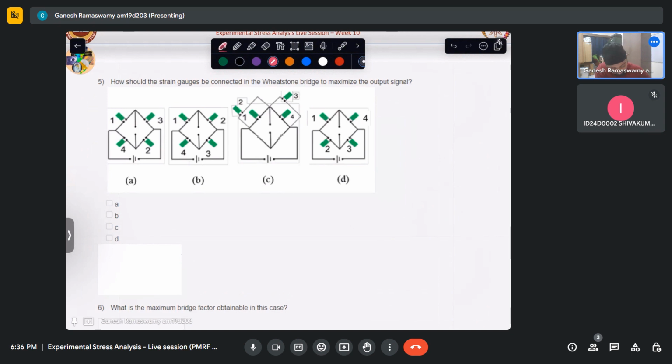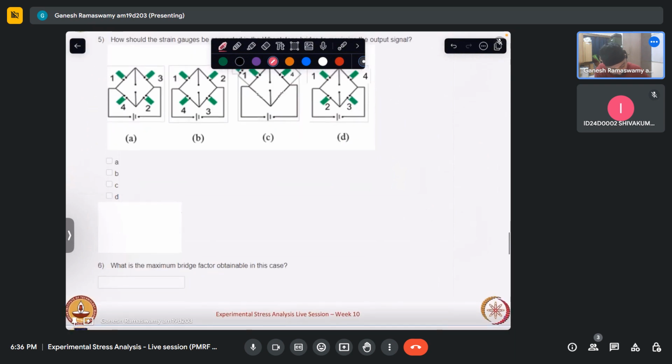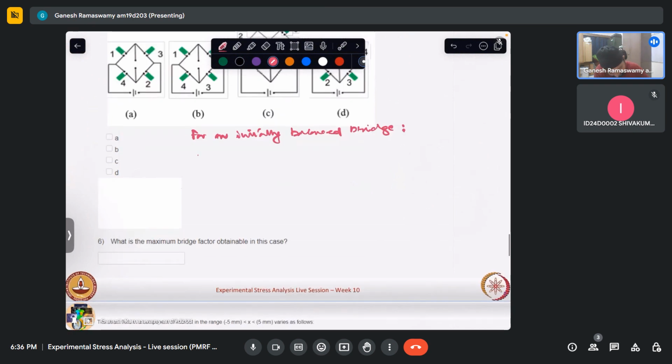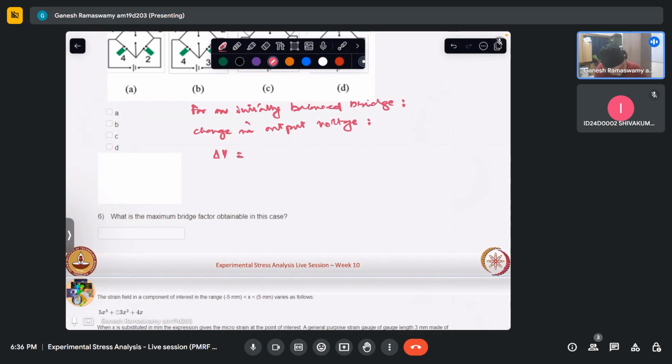For a Wheatstone bridge, for an initially balanced bridge, we'll get the change in output voltage given as R1 R2 by (R1 plus R2) squared into the change in the first resistance.